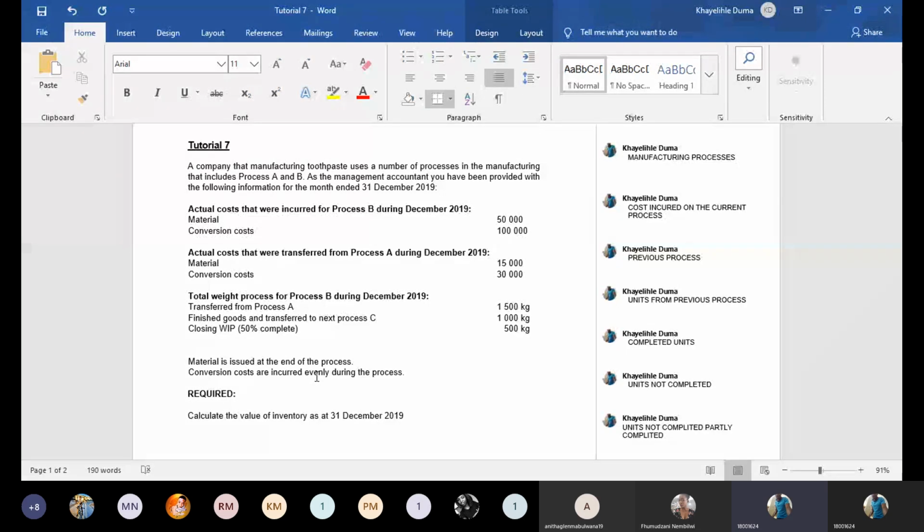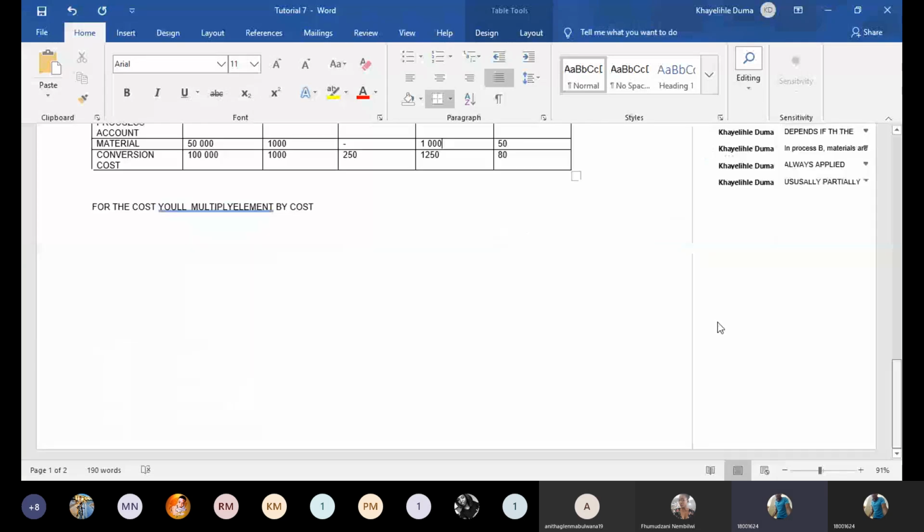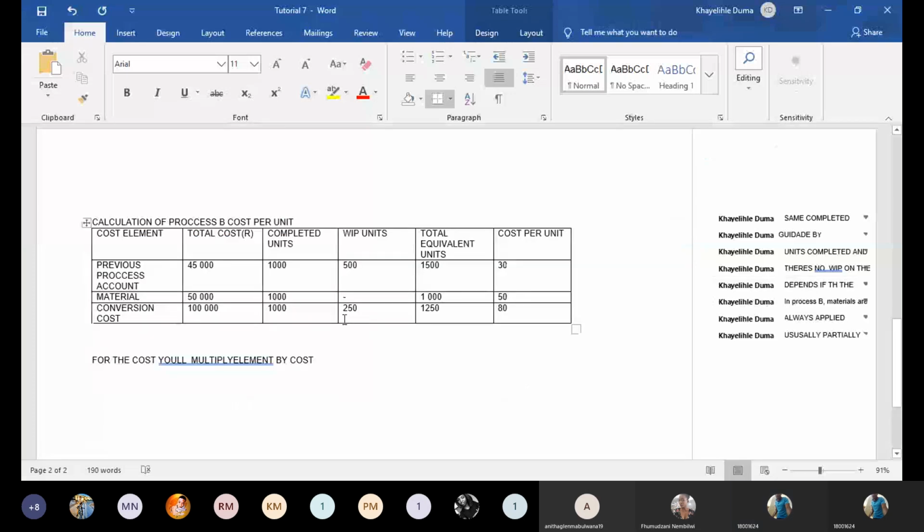So because of that, the units completed, obviously they are 1,000. It's from information above. And then now we come to the work in process units. If you can check, they are 250. Why are we saying they are 250? Then you go and follow information again.